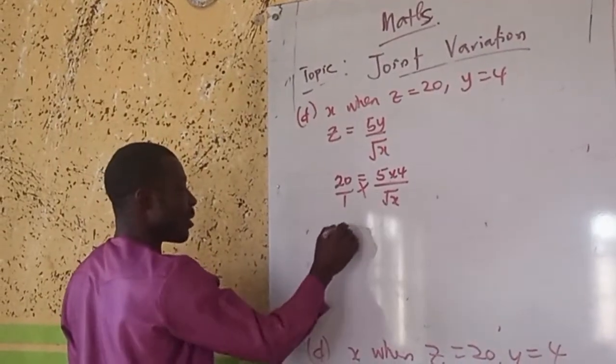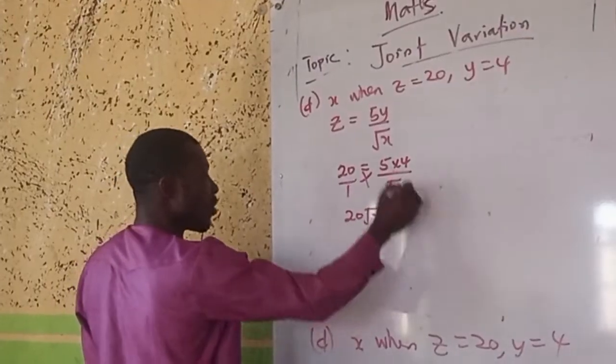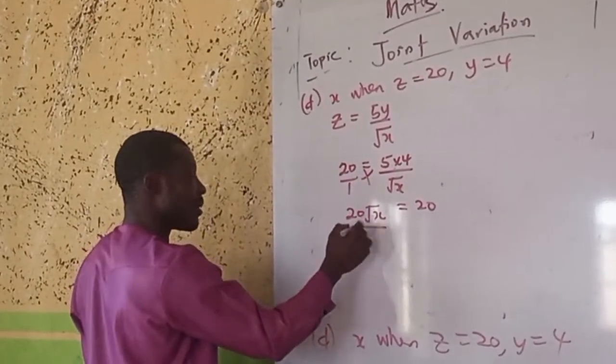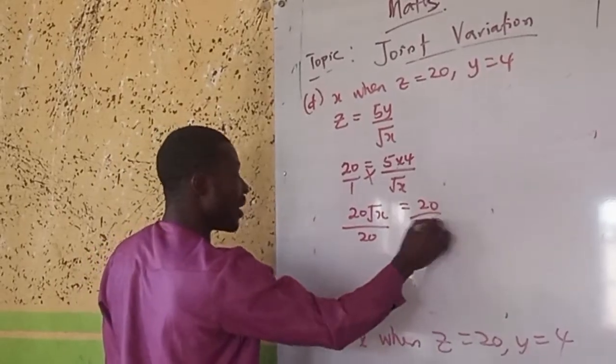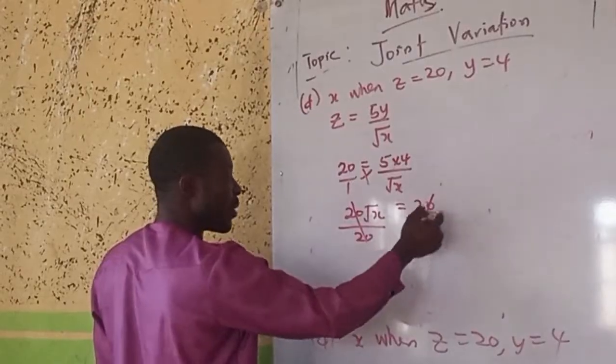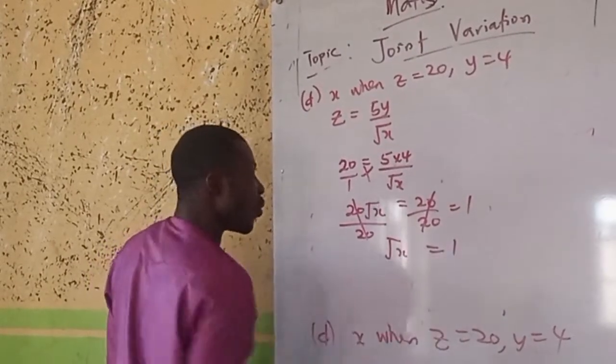20 times square root of x will give us 20 root x equal to 20. We divide both sides by the coefficient of root x, which is 20. 20 divided by 20 will give us 1, so we have root x equal to 1.